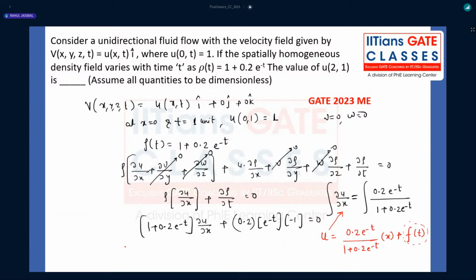So how do we find f of t? Using the initial condition at time t equal to 1, not t, and when x is 0, you have u equal to 1, right?